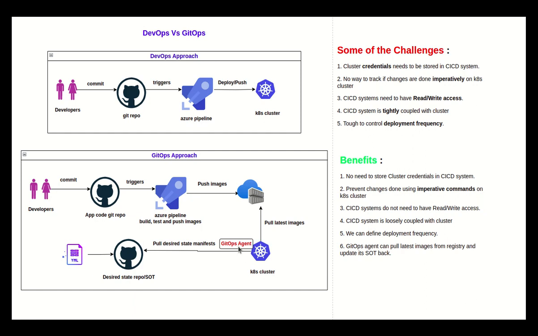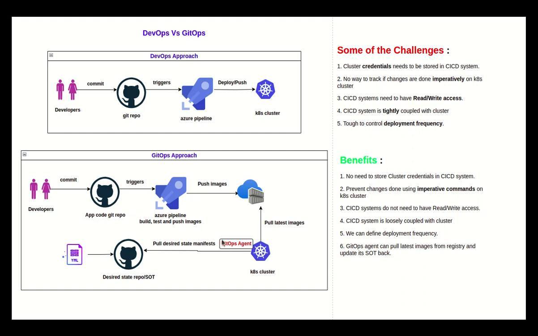In the GitOps agent we can define how often we want to pull the changes. So we define the reconciliation interval. Whenever a reconciliation interval happens, this GitOps agent makes a request to this desired state repo and pulls the changes.